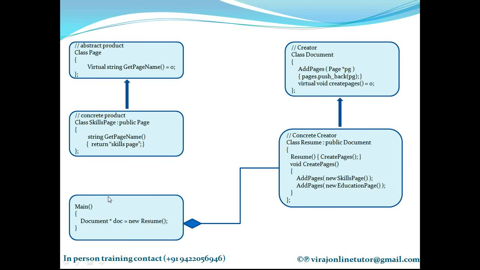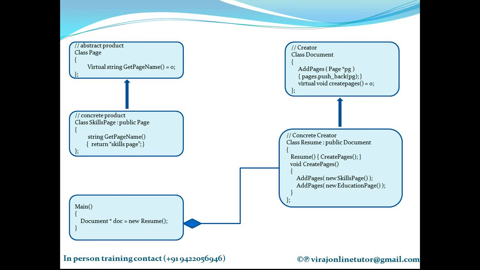That's why even though I'm doing new resume, I save that data into a document, which is of the base class. Because tomorrow, if you decide to create another concrete creator class instead of resume, say something else which inherits from document, then you can definitely do new of that other class here, but the return type can be a document. So the code changes are minimal. So always try to save the return type into as abstract a class as possible.